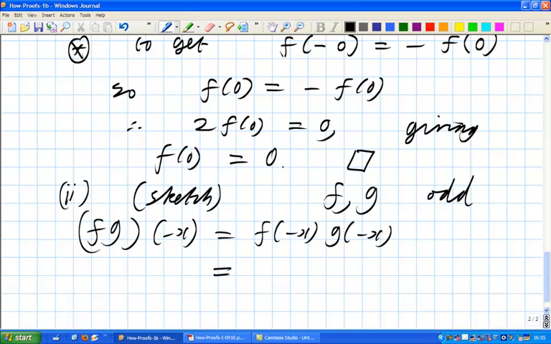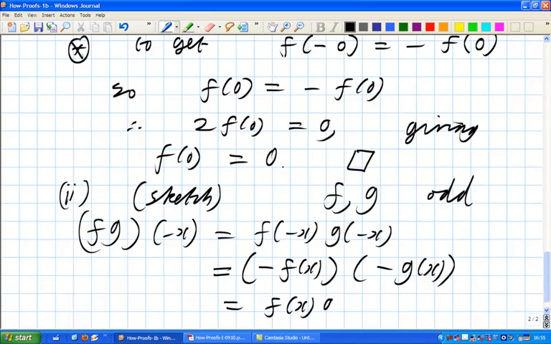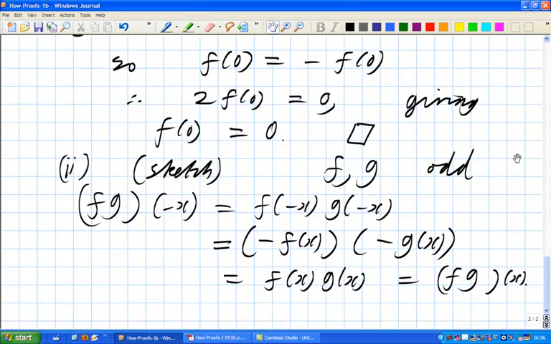And since they're odd, that's minus f of x times minus g of x, but the minus signs multiply to give you 1, so that's equal to f of x g of x, which is the function fg evaluated at x. So fg is an even function.